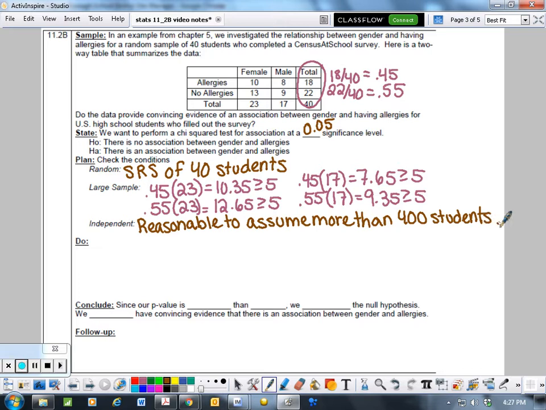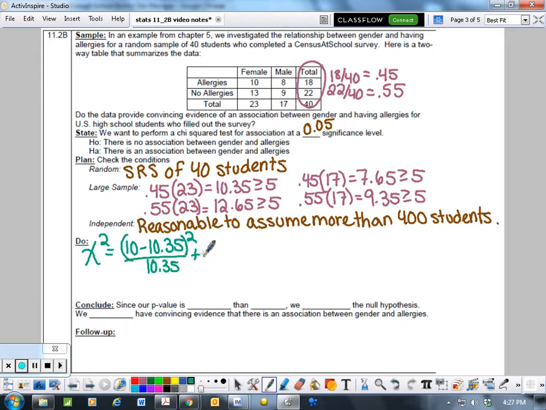And now we're going to go ahead and calculate our chi-squared. For chi-squared, again, our actual value, 10 females have allergies, minus our expected value, 10.35, squared divided by the expected value of 10.35.